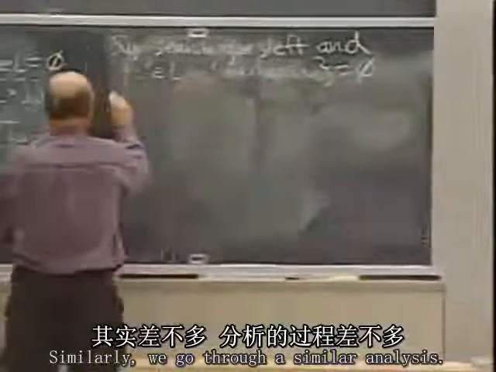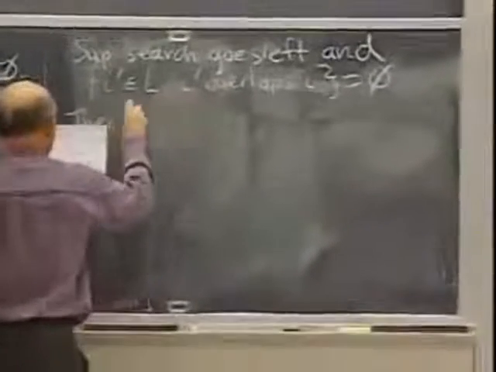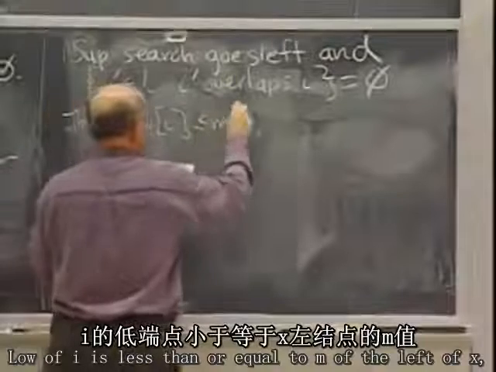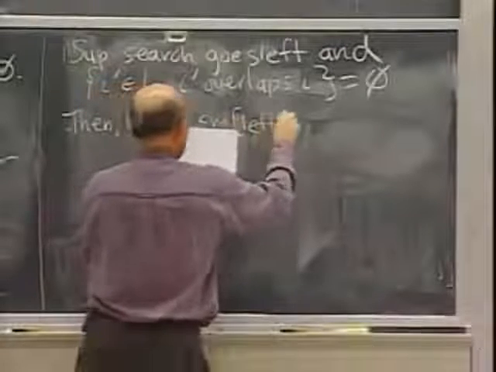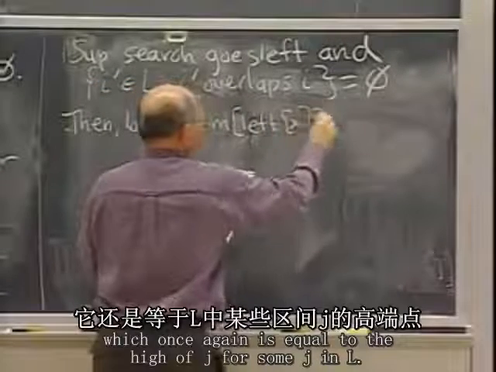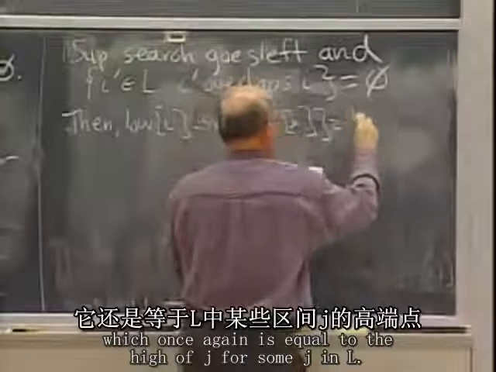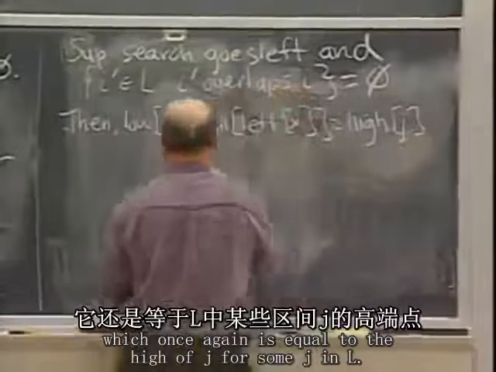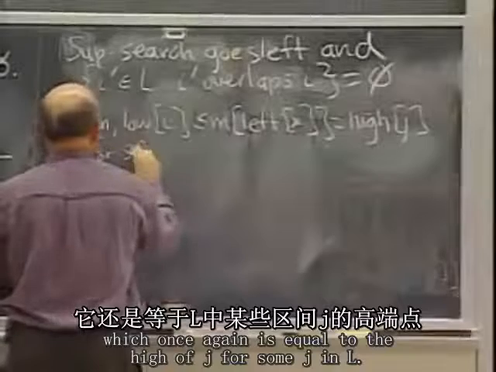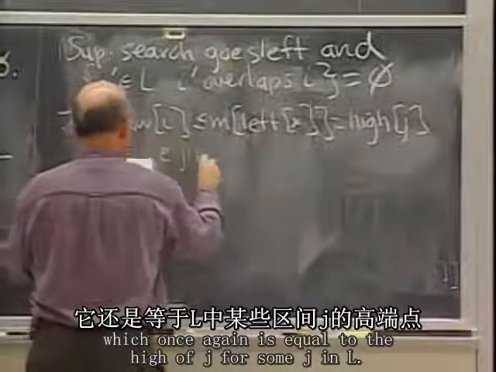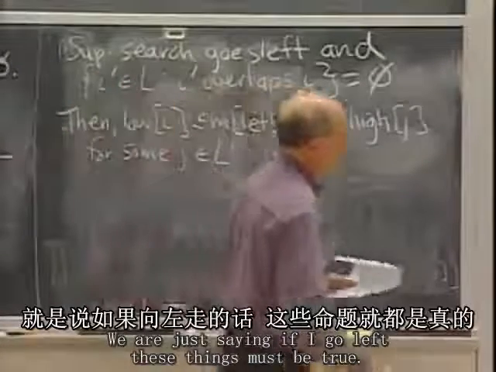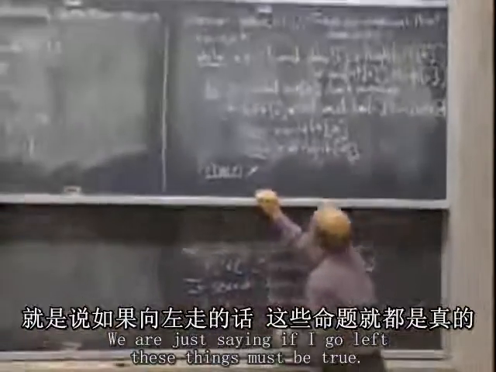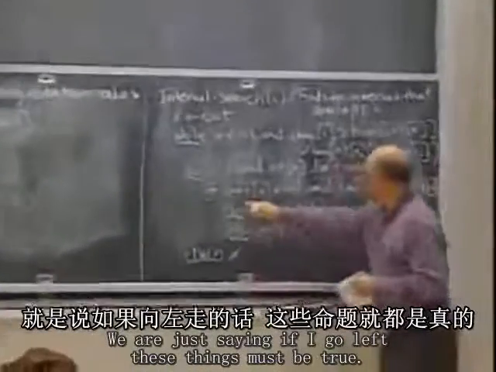So similarly, we go through a similar analysis. Low of I is less than or equal to m of the left of x, which once again is equal to the high of j for some j in L. So we're just saying if I went left here, these things must be true.